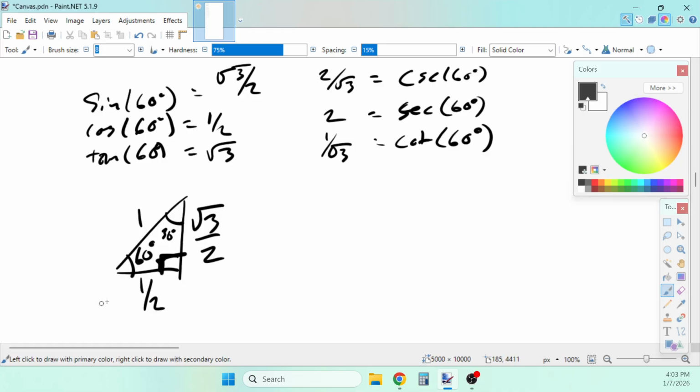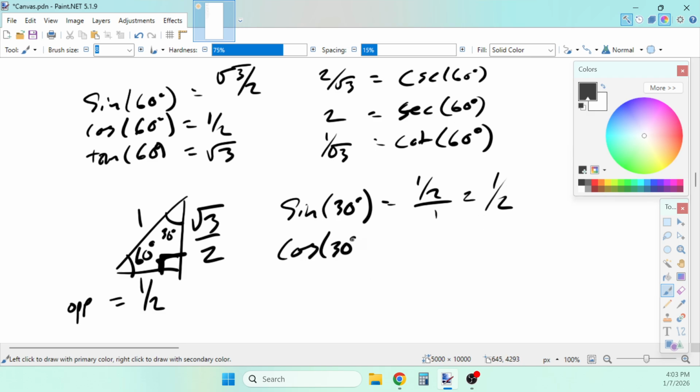Using the same triangle, this is the opposite of the 30-degree angle. So sine of 30 degrees equals the opposite divided by the hypotenuse, which is 1/2. Cosine of 30 degrees, the adjacent to the 30 is square root 3/2. The hypotenuse stays the same. So this becomes square root 3/2 over 1, which is just square root 3/2.